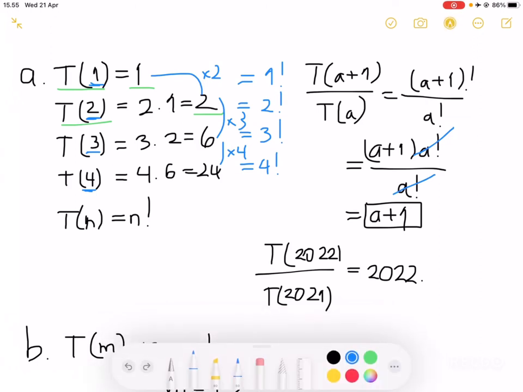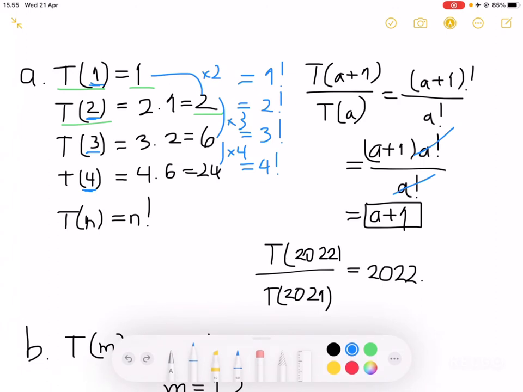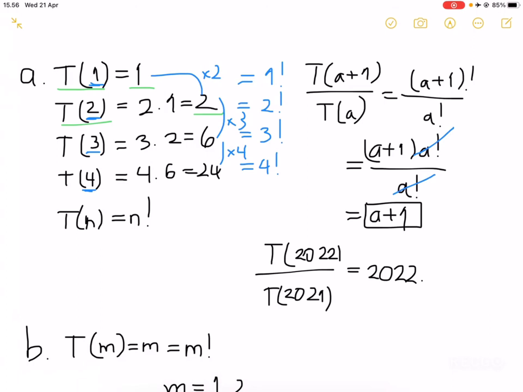And we must ensure that the multiplier is at least bigger than 1 to make it increasing. And the larger the number that you're multiplying with, the faster the numbers will grow.